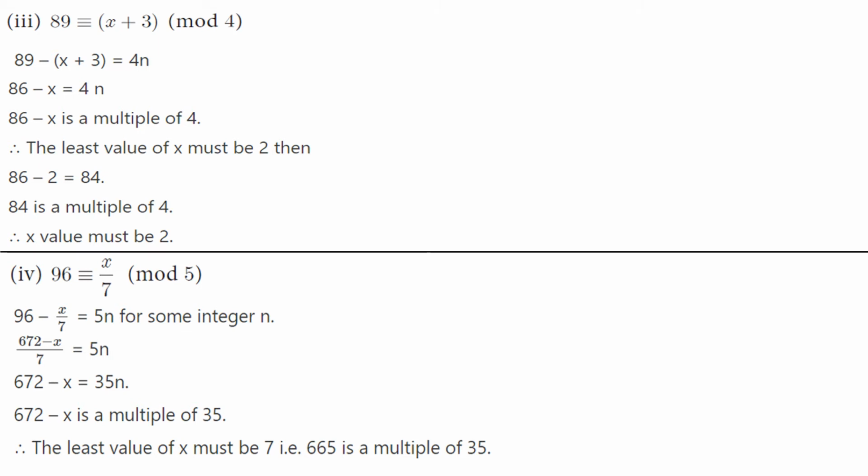So 672 minus x is a multiple of 35. Therefore the least value of x must be 7. If you subtract, 672 minus 7 equals 665, and that number is a multiple of 35. Therefore the x value must be 7.